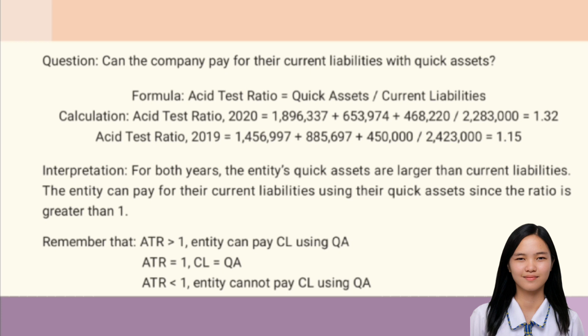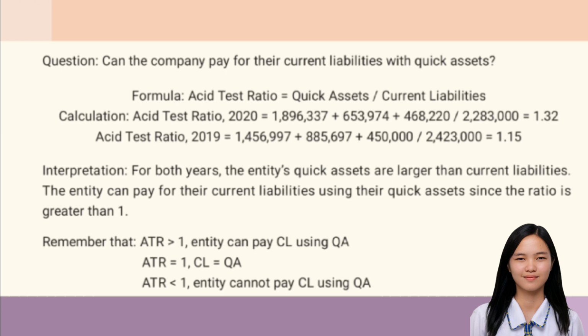So, our formula in asset test ratio is the sum of cash, accounts receivable, and marketable equity securities, which we can refer to as quick assets, divided by the current liabilities.